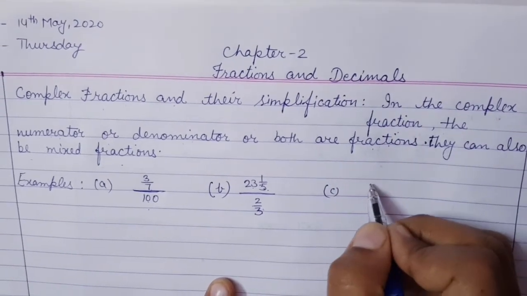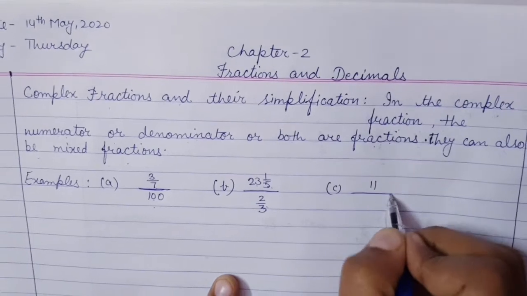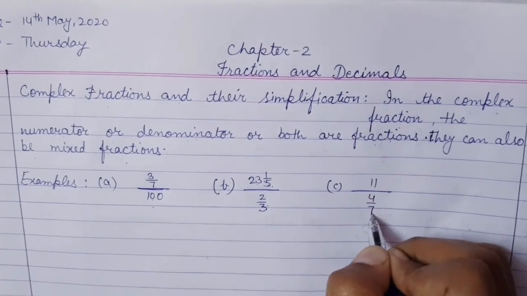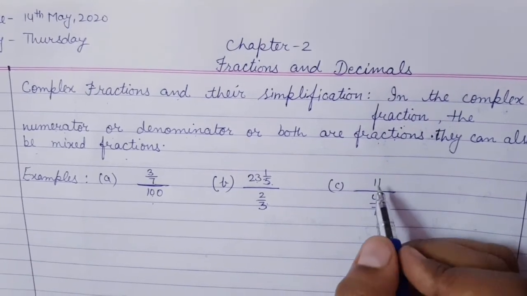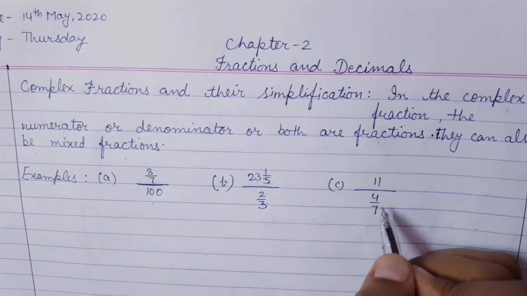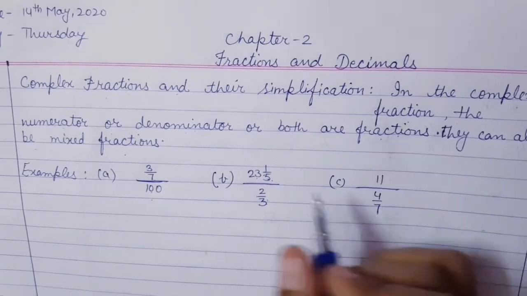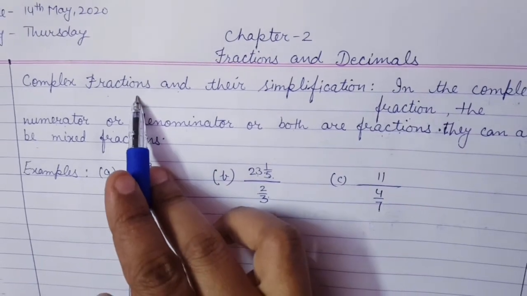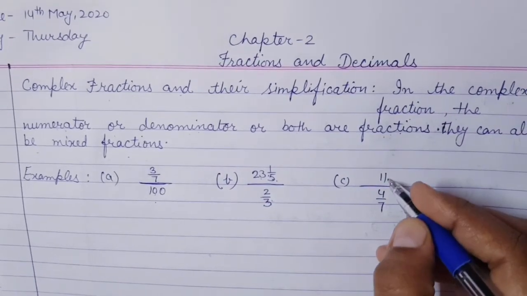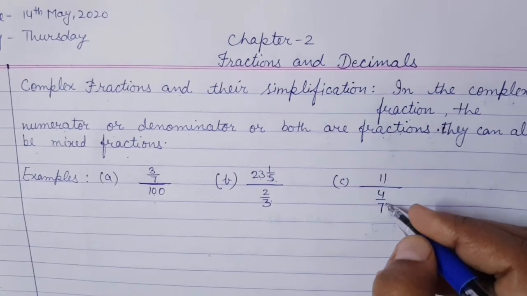Next example is 11 upon 4 upon 7. Here in this fraction you can see the numerator is a whole number but the denominator is a fraction, that is 4 upon 7. So for a complex fraction, the numerator or the denominator can be a fraction.